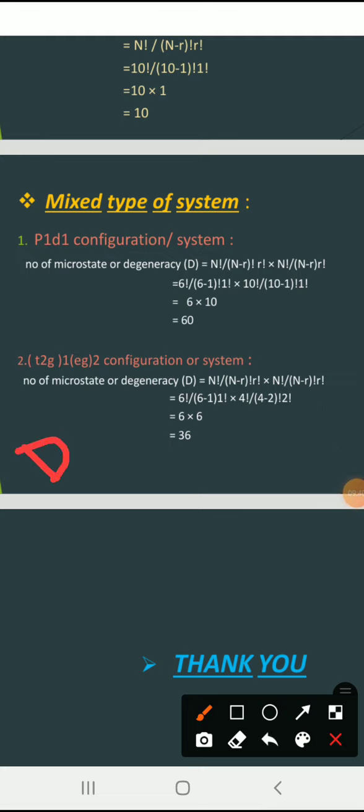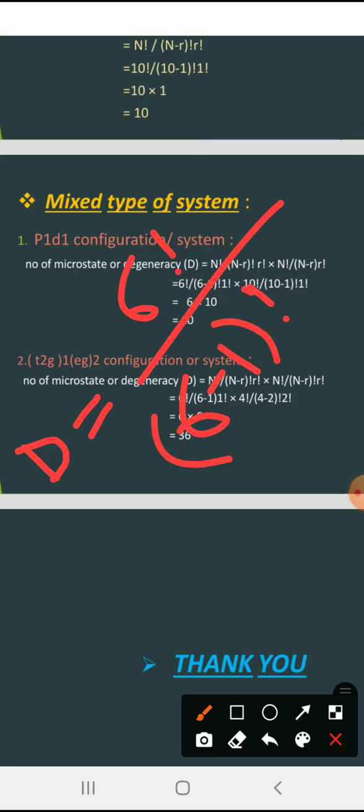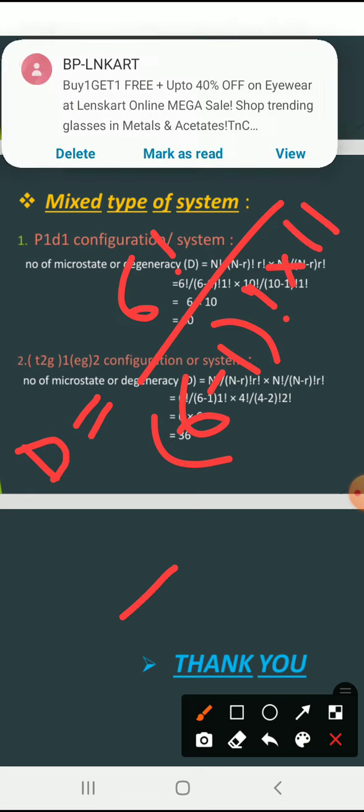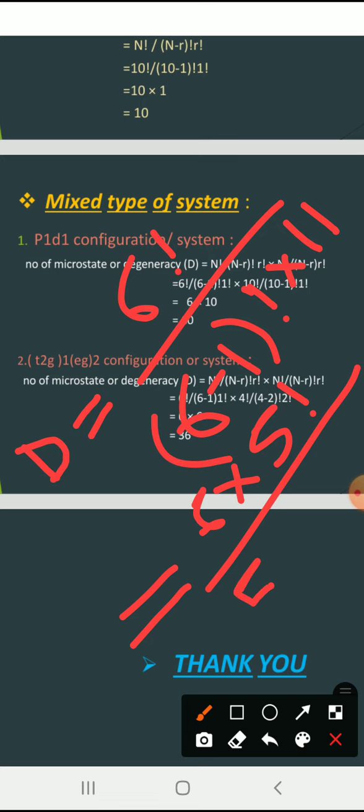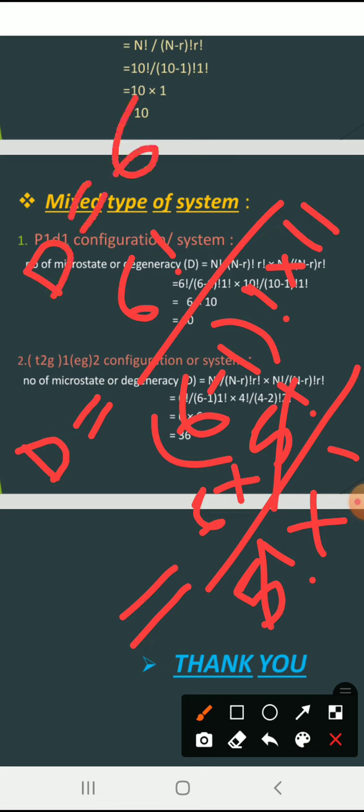For t2g1 the number of microstates is equal to 6 factorial divided by (6 minus 1) whole factorial into 1 factorial, which is 6 into 5 factorial divided by 5 factorial into 1. The 5 factorials get cancelled. For the t2g1 system, D is equal to 6.